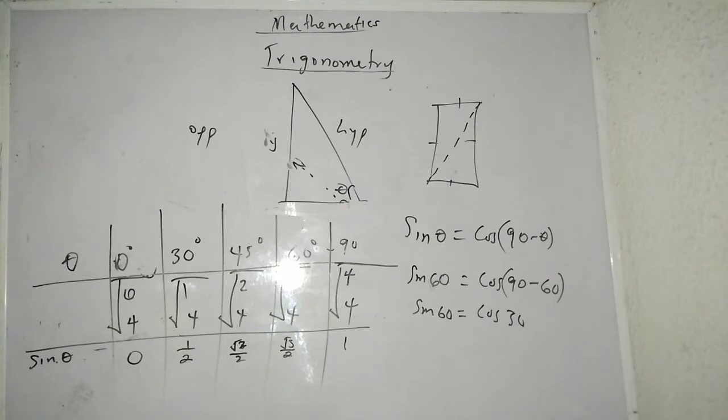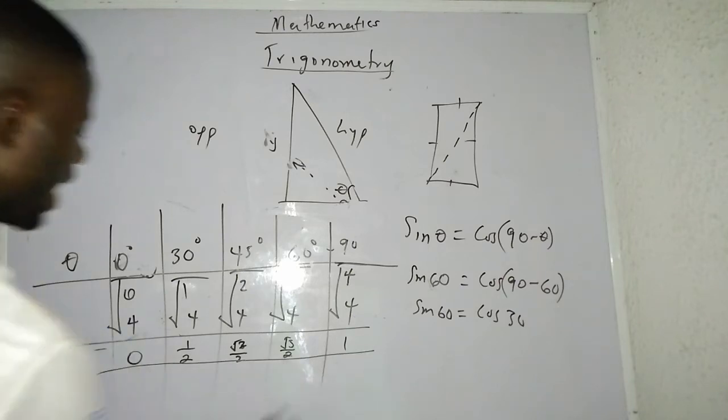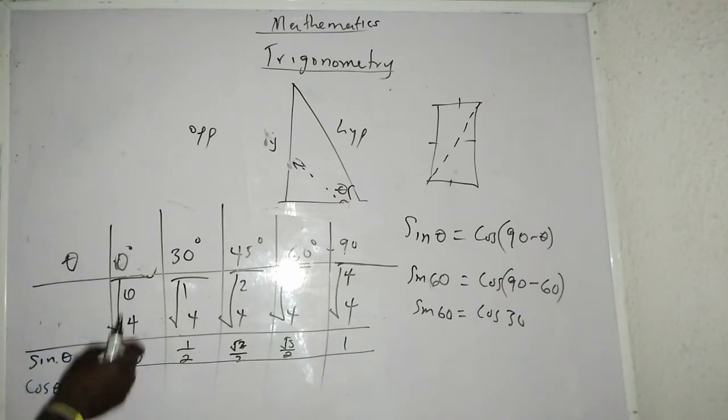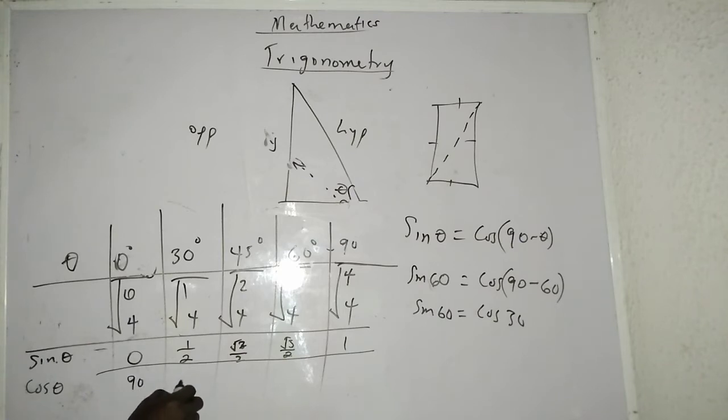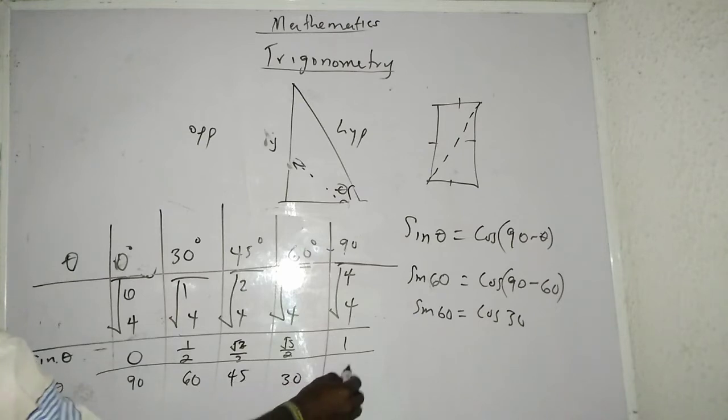Now, for cos theta, the angles will change this time around. 90 will be here, 60 will be here, 45 will be here, 30 will be here, and 0.